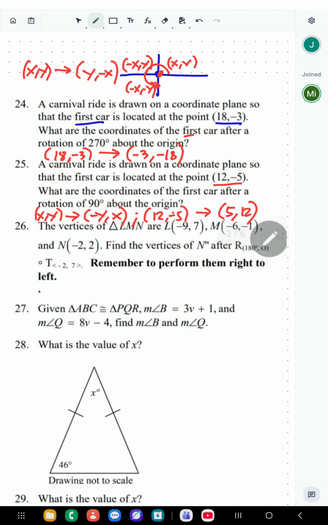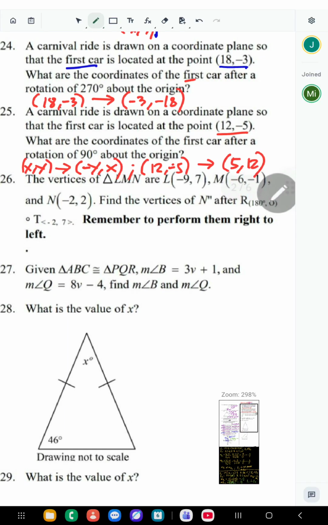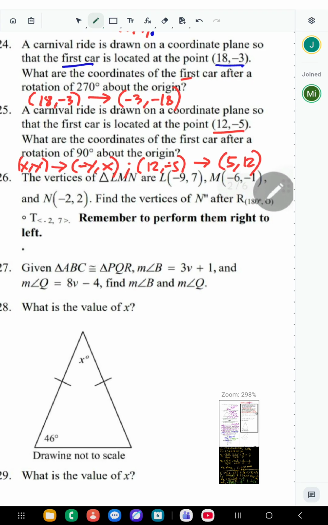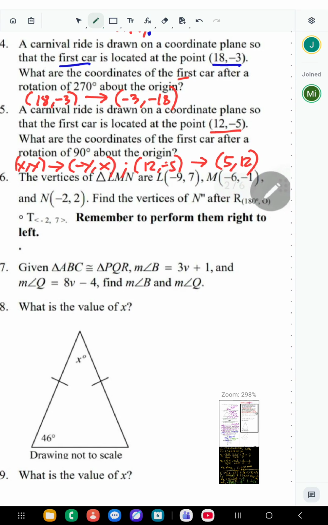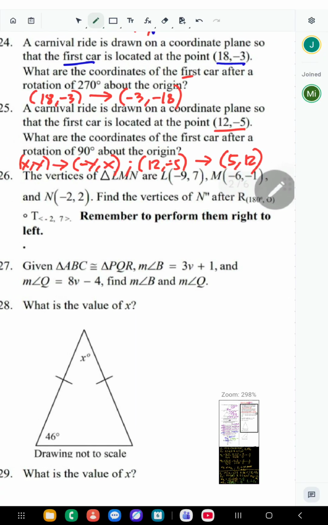Alright, no questions on this? Number 26. The vertices of triangle LMN are L, M, and N with those points. Find the vertices of N double prime after rotation 180 degrees.